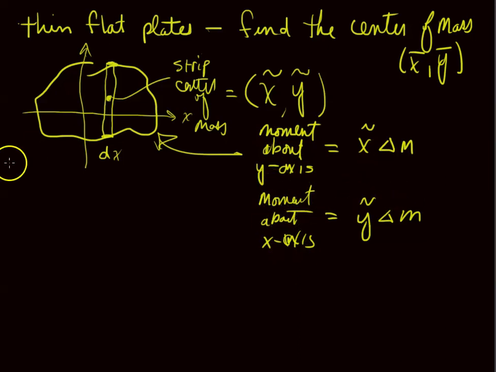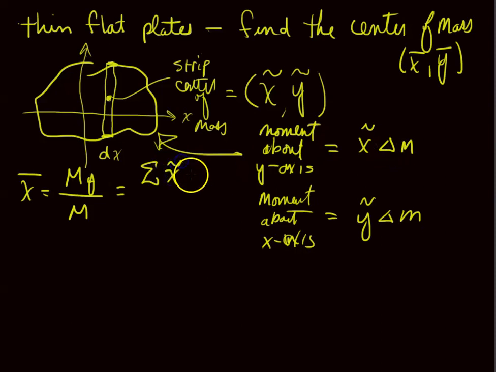So with this idea in mind, you can say that x bar is m sub y, the moment about the y, over the total mass, which is the summation of x tilde delta m over the summation of delta m.